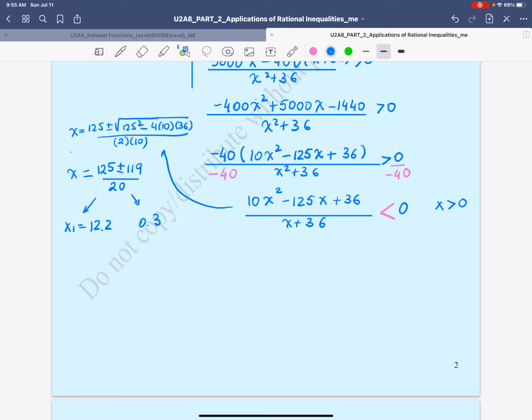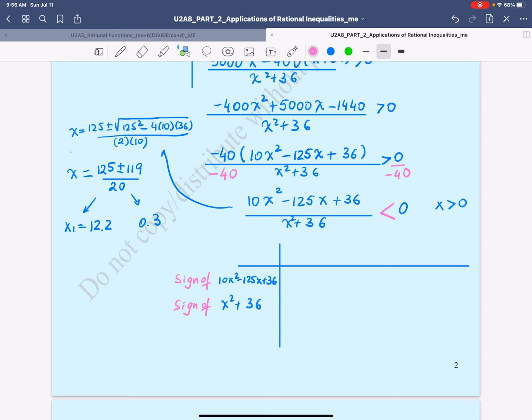And I'm going to draw the distance line, a number line, and we're going to list the numerator and denominator. Here goes the sign of the numerator, which is 10x squared minus 125x plus 36. Here goes the sign of the denominator, which is x squared plus 36.